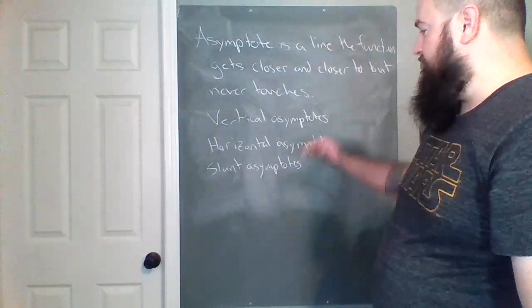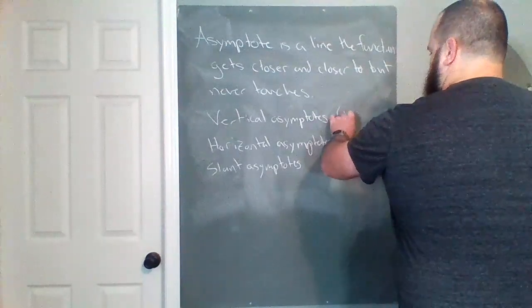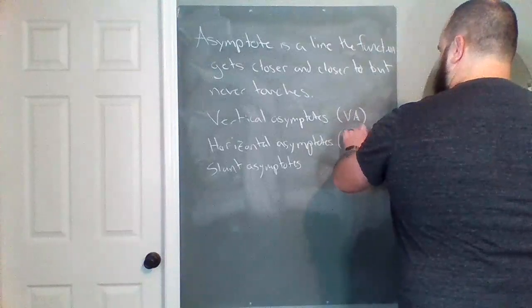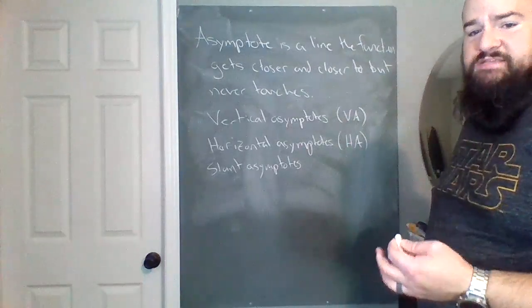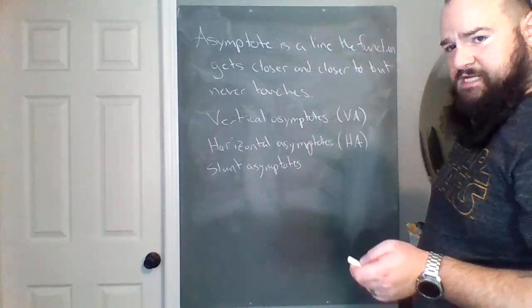Vertical, horizontal, and slant. Let's abbreviate these because I'm not going to have room to write them out all the time. For vertical asymptotes and horizontal asymptotes, just VA, HA. We do not cover slant asymptotes in this class.